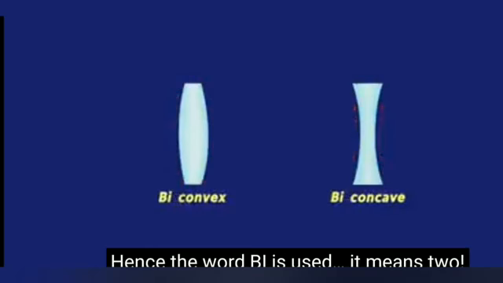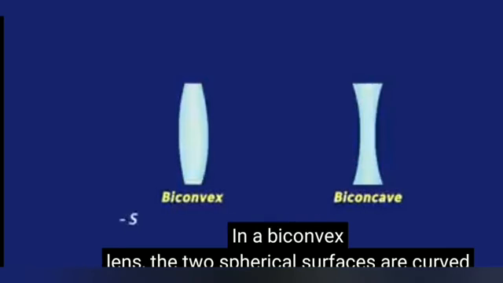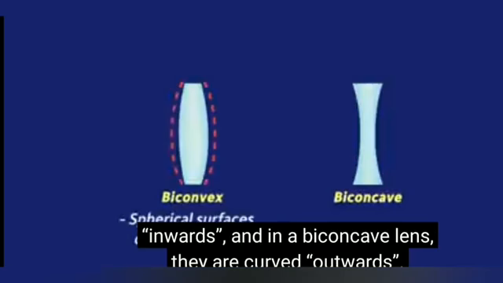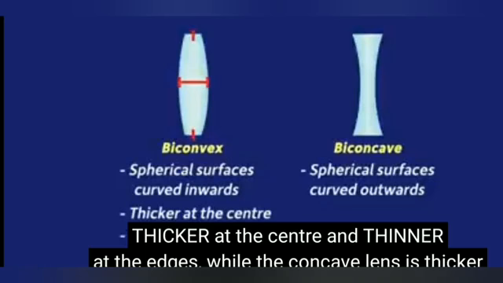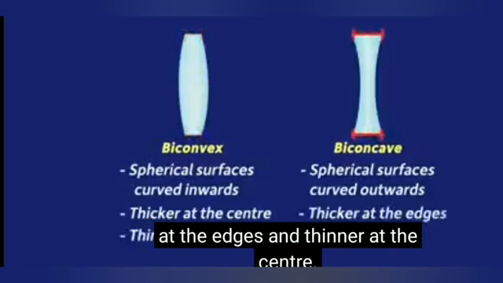Hence the word bi is used. It means two. In a biconvex lens, the two spherical surfaces are curved inwards, and in a biconcave lens, they are curved outwards. One more way to distinguish between a convex and a concave lens is that a convex lens is thicker at the center and thinner at the edges, while the concave lens is thicker at the edges and thinner at the center.